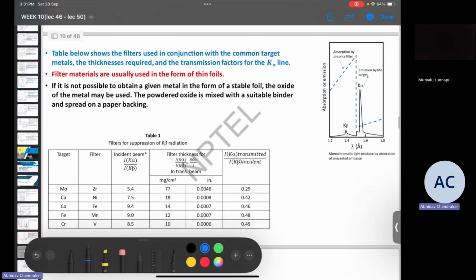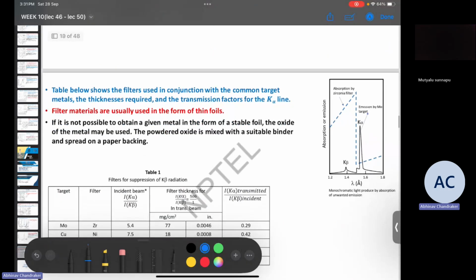This has multiple important applications, because typically when you want to do any kind of diffraction experiment, we want to be working with monochromatic X-rays, that is X-rays having majorly a single wavelength, so that you can better study the diffraction and interference phenomena so as to characterize a material.